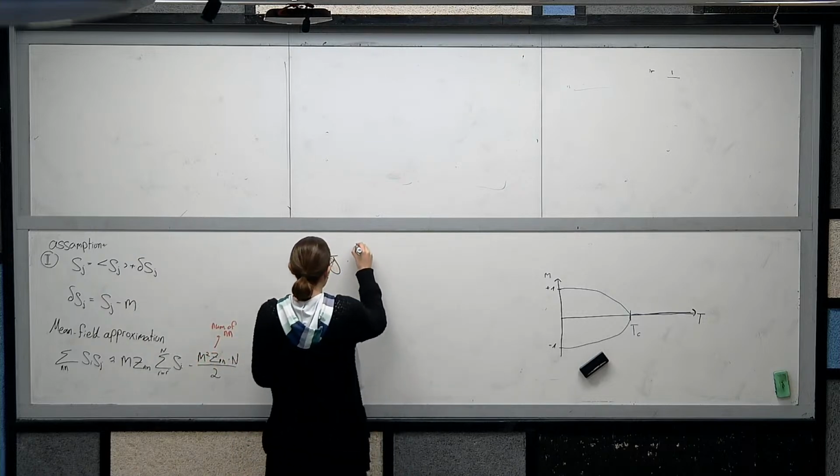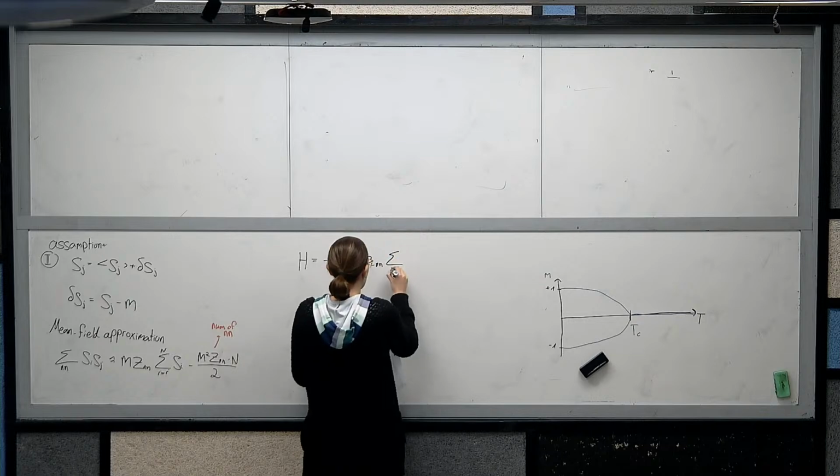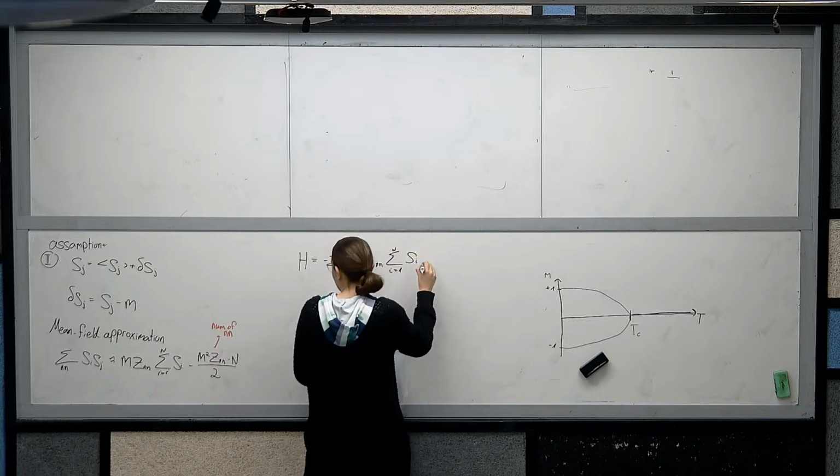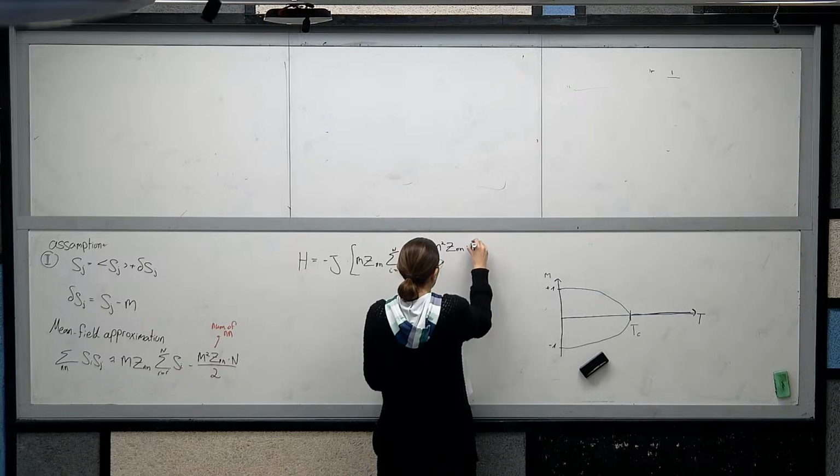So we have m, z, and N, sum from i equals 1 to N, S_i, minus this constant m squared, z and N times N divided by 2.